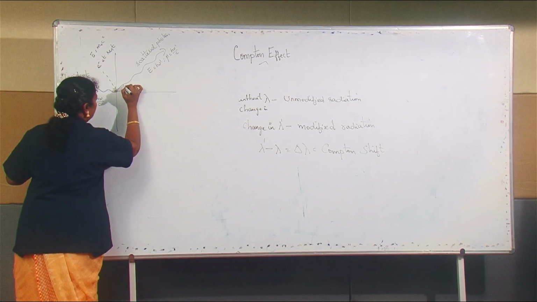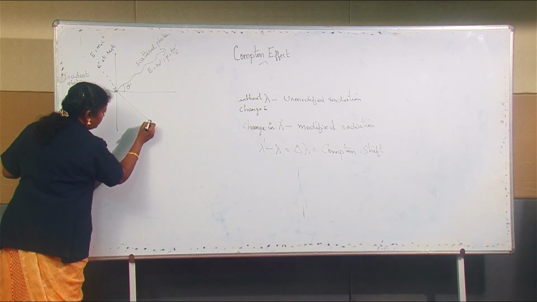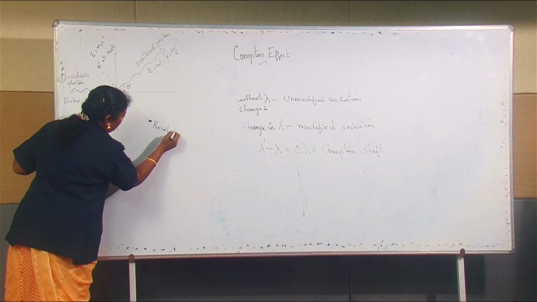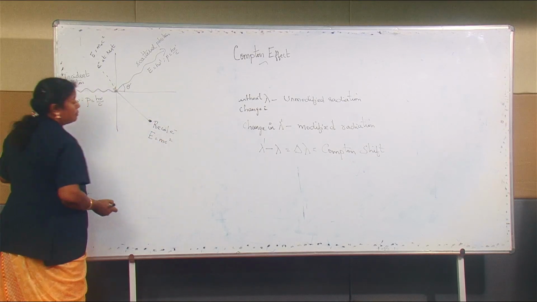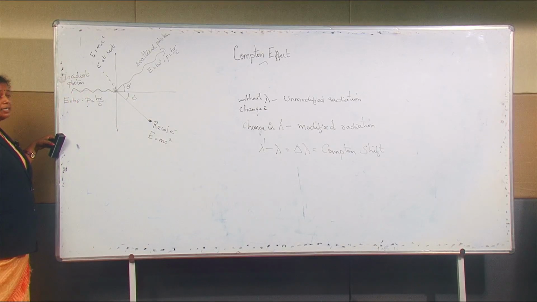It is scattered at the angle theta and the electron is ejected out. It is called the recoil electron with energy E is equal to mc square. It makes an angle phi. It is an inelastic scattering.